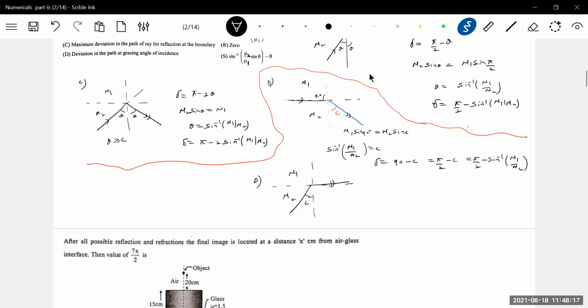That only I am showing in a different way here. This will be much easier if you want. The reverse of this, you think it. For grazing incidence, the emergent ray should be critical angle. That I shown in this way here.